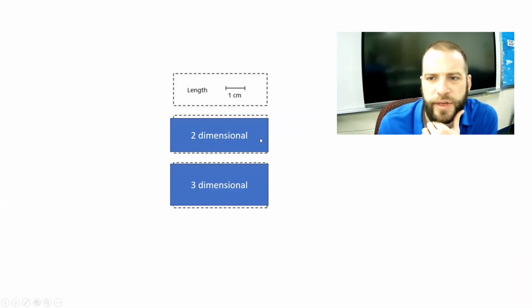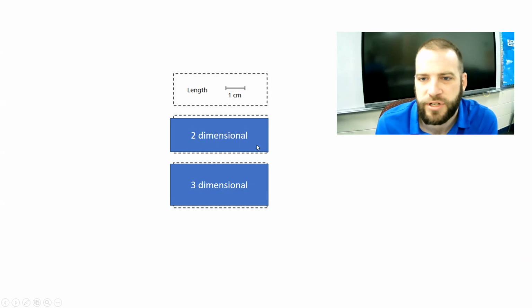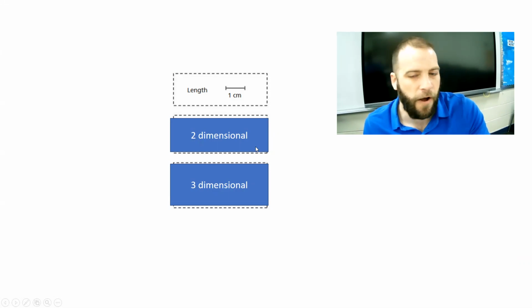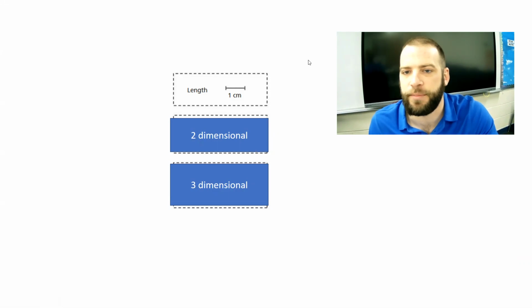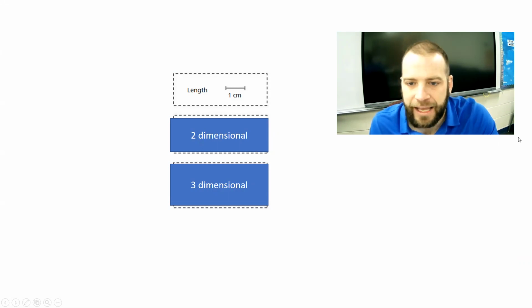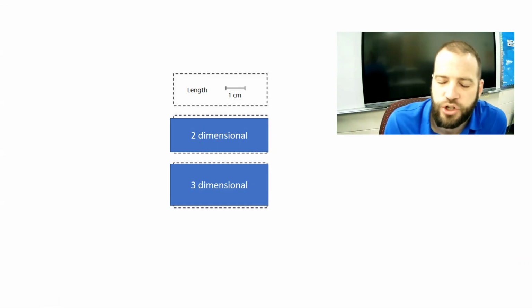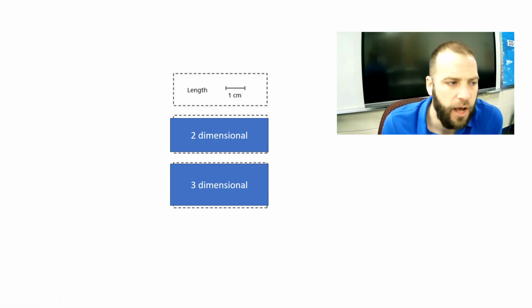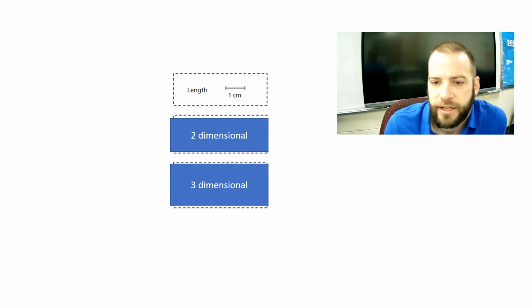What's two-dimensional then? Two-dimension is something that you can touch. It's a flat surface. My actual screen right here is an example of two-dimension. It is one measurement by another measurement. Length times width, that is two-dimensional. How do you find how much space a two-dimensional object fills up? It's called area.